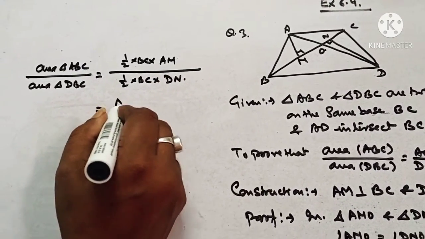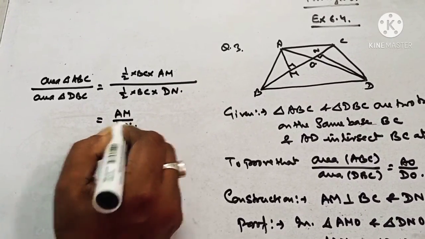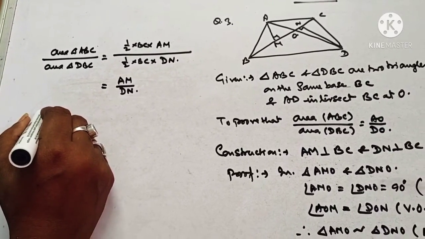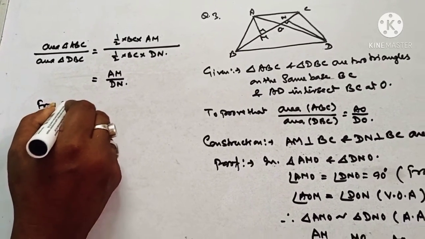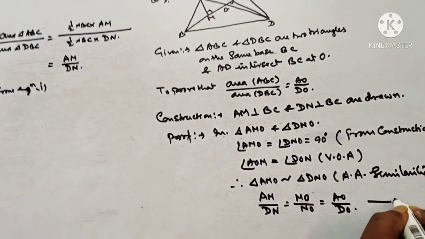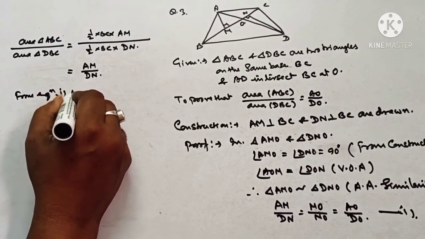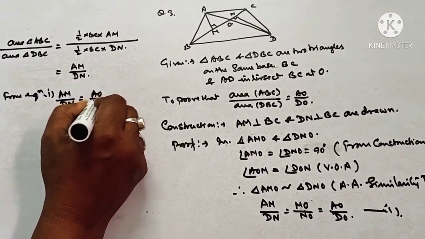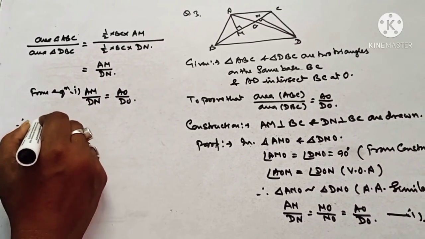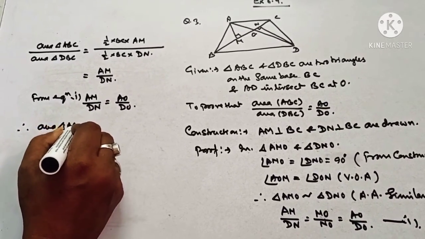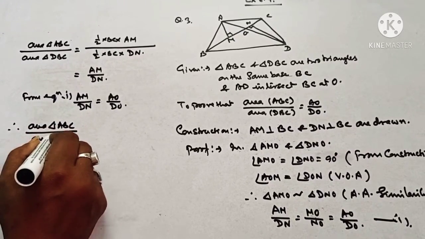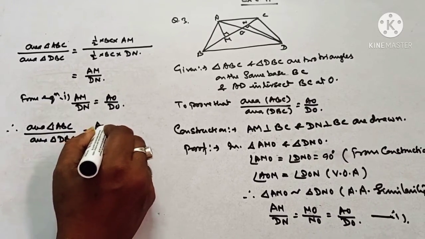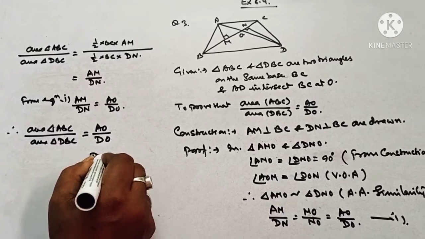So this comes out to be AM by DN. Now from equation 1, we get that AM by DN is equal to AO by DO. So therefore area of triangle ABC by area of triangle DBC is equal to AO by DO. This is proved.